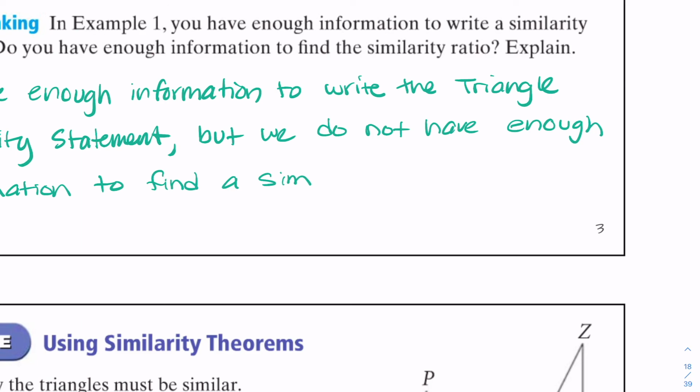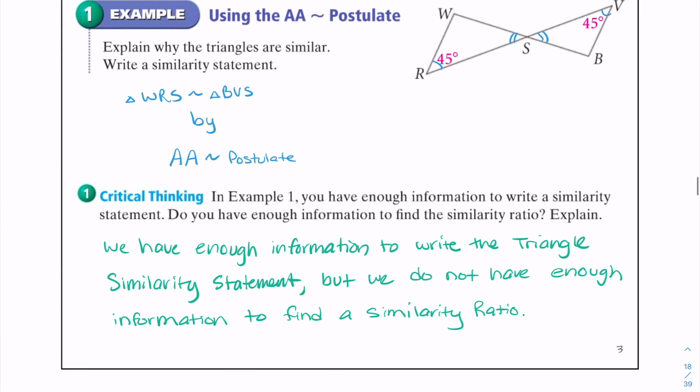Right? But we don't have any sides. We don't have any sides, so we don't have any lengths to be able to write that.